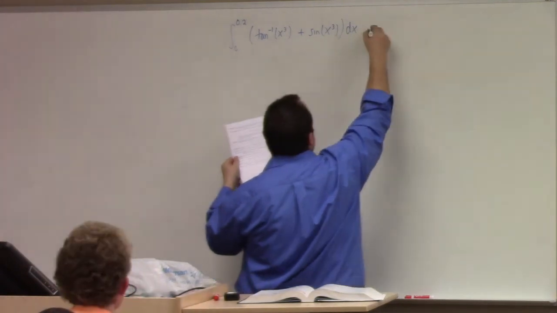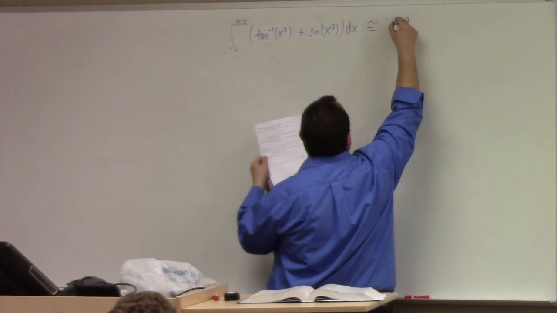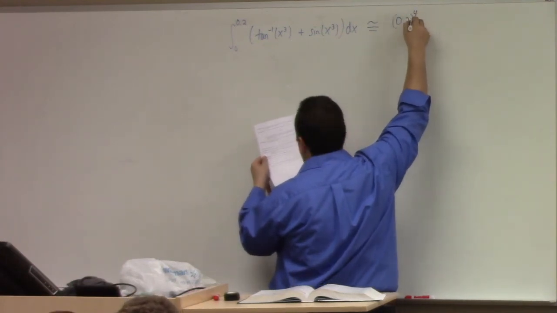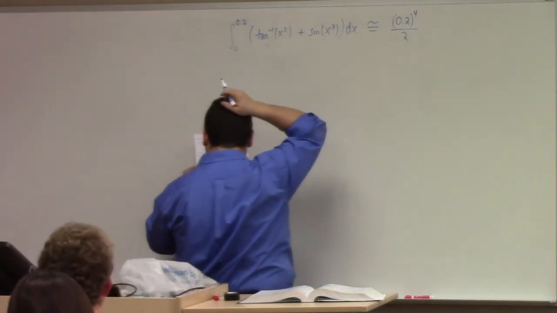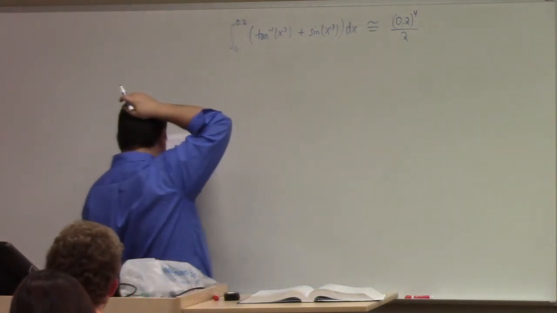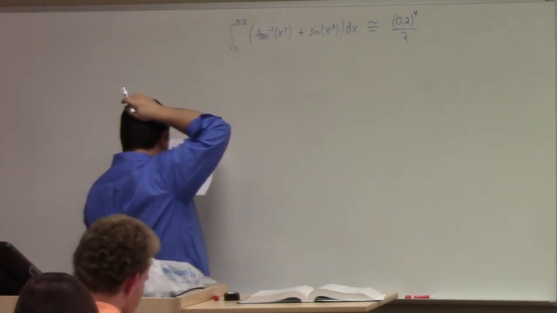I said this can be approximated by 0.2 to the fourth over 2, apparently. And what's the question? How many decimal places are certain in this approximation?